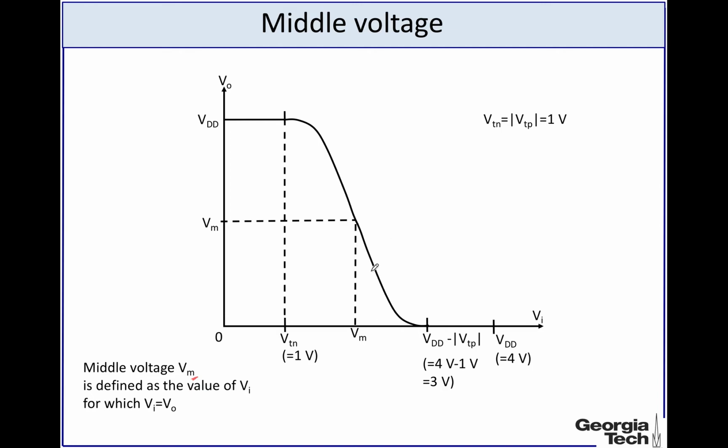So for example, in the case where the threshold voltages of the N MOSFET and P MOSFET were both equal to 1 volt, the middle voltage is equal to VDD over 2, which is 2 volts, because when the input is 2 volts, the output voltage is also 2 volts.